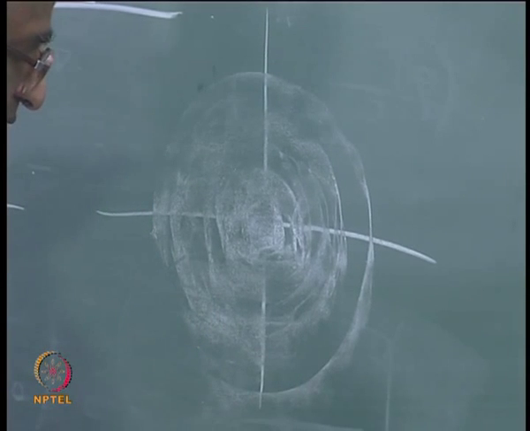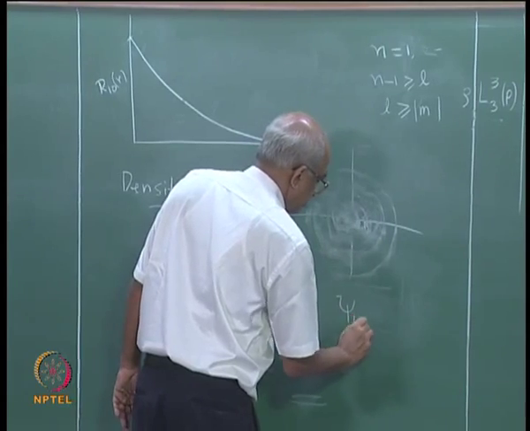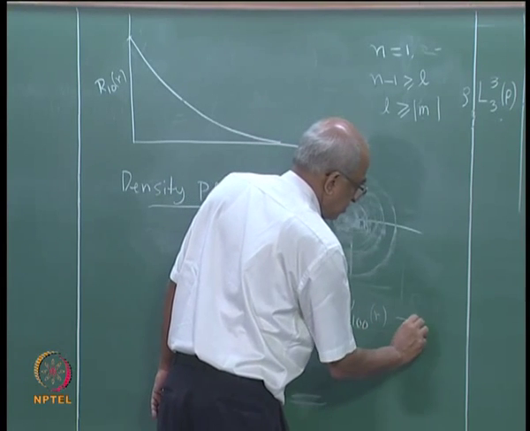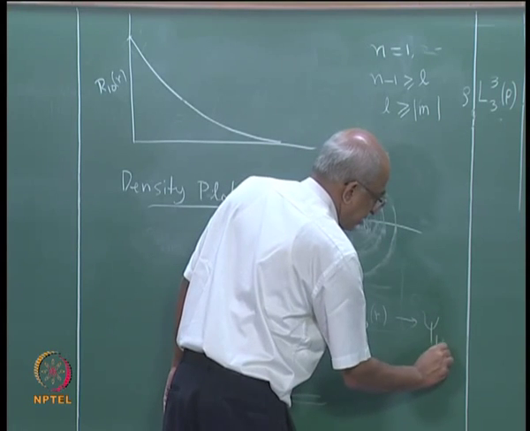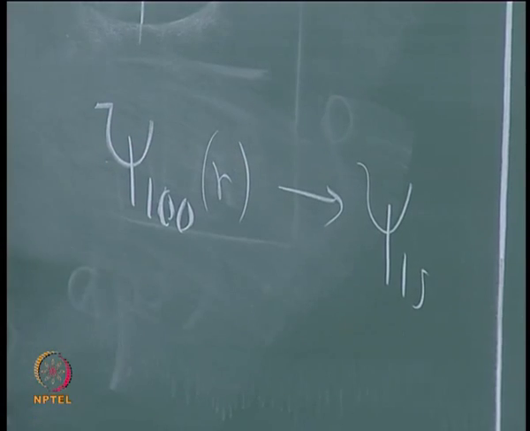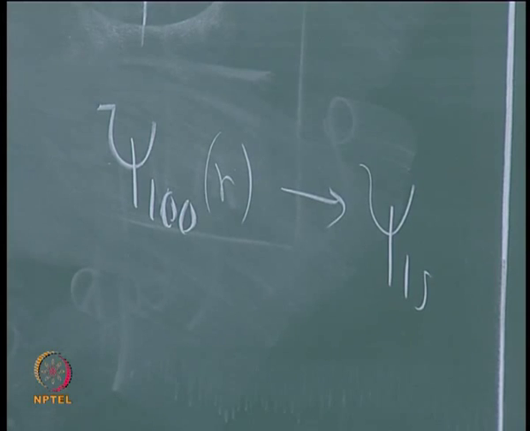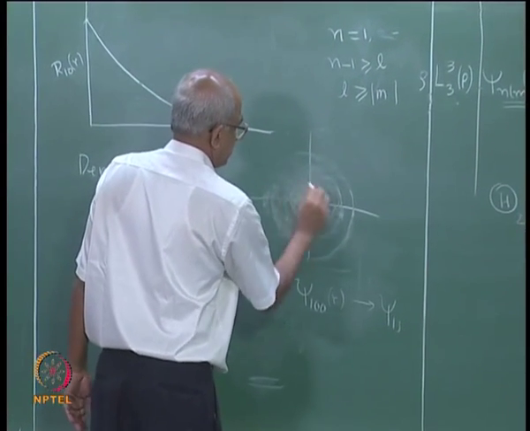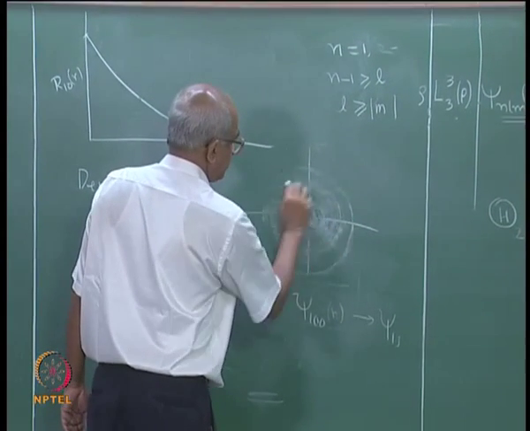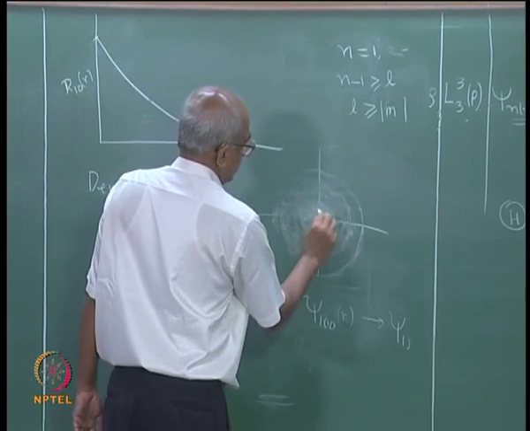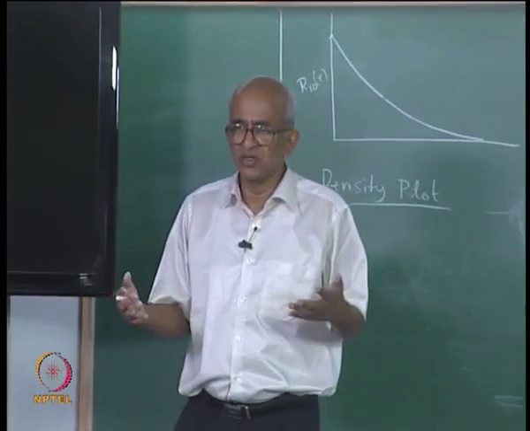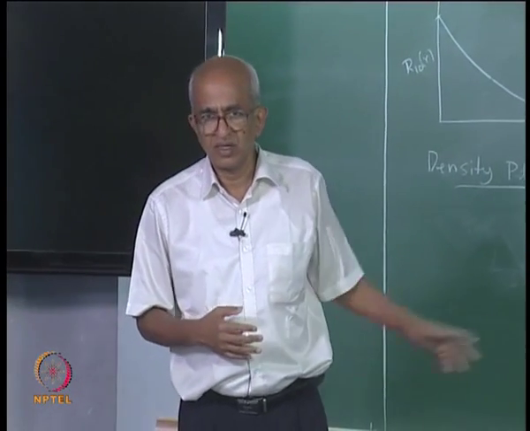This is psi 100. Instead of writing psi 100, I will also write psi 1s, because this is what we refer to as the 1s atomic orbit. So, this is the way in which I can represent this atomic orbit. The density of shading will be maximum at the origin, and as you go away, the function is going to decrease, correct.